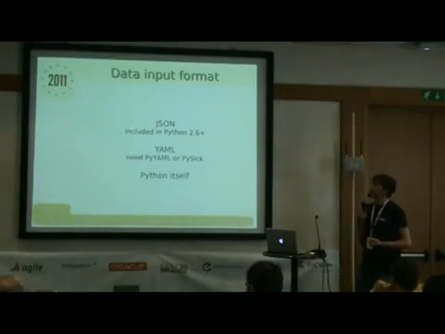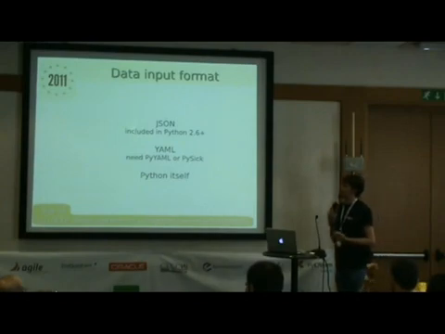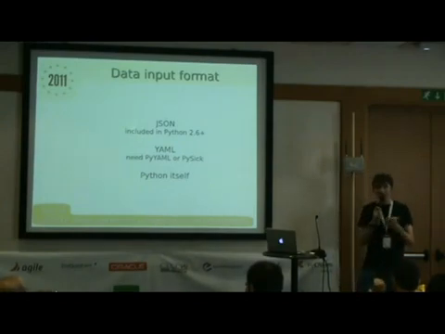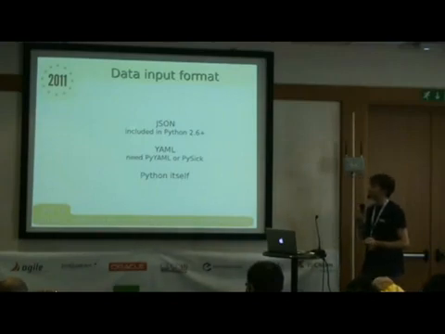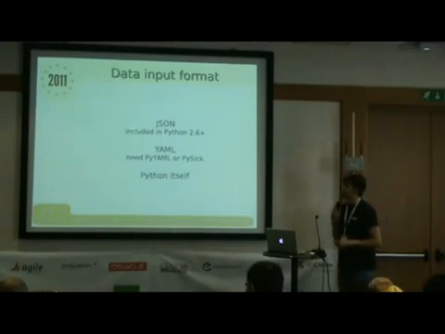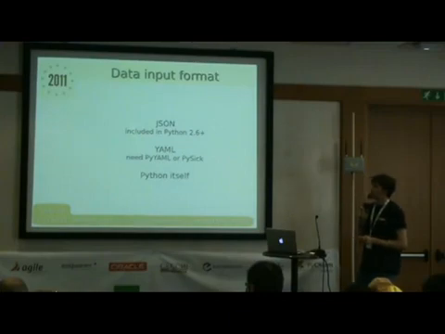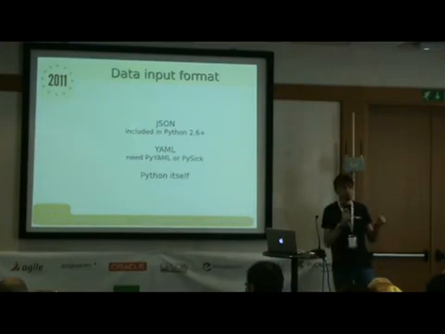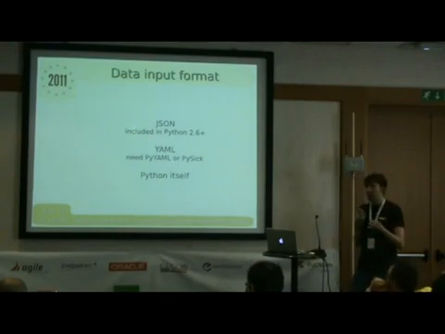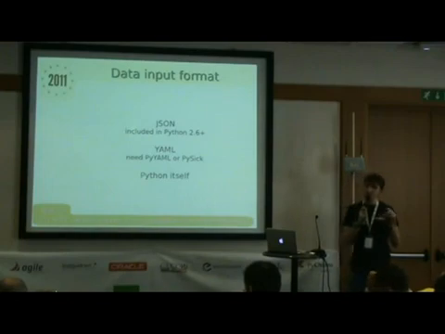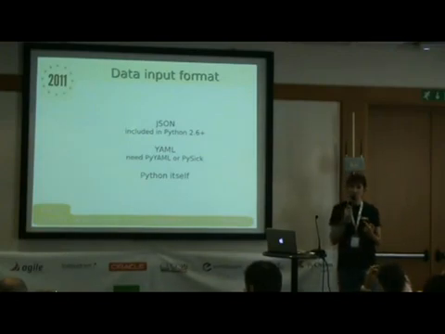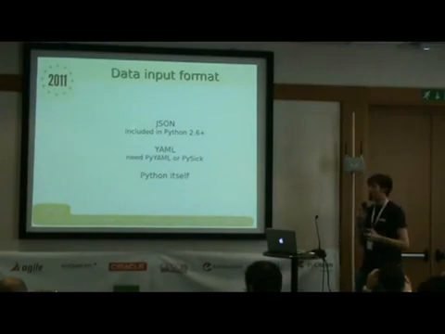So for the future, I think JSON can go on. I don't know if YAML will go the same way. And the last choice is using Python itself to get data in a simple format, in a file that you import, and you have the data from the code.